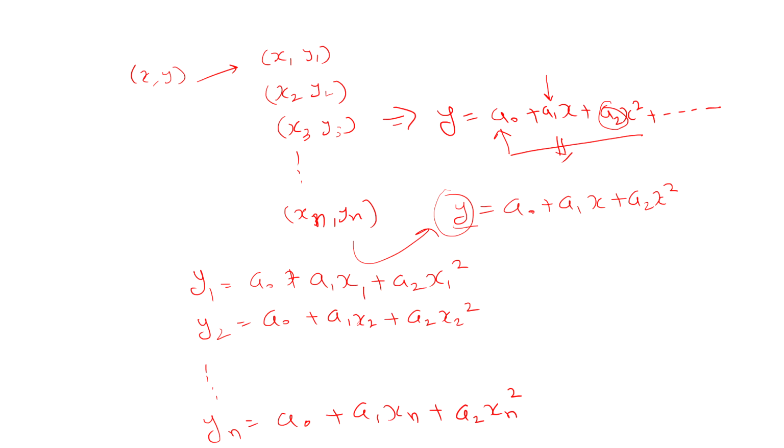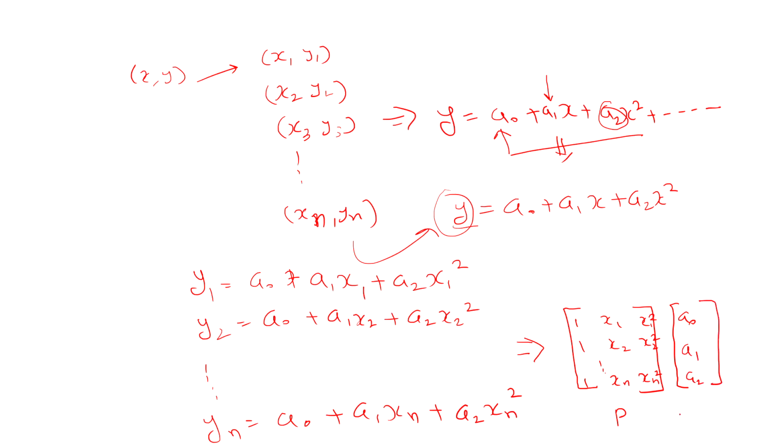Now this is my matrix system, that is matrix P, which is 1 x1 x1 square, 1 x2 x2 square, 1 xn xn square, and then vector a0 a1 a2, if we call it a, is equal to y1 y2 and yn.